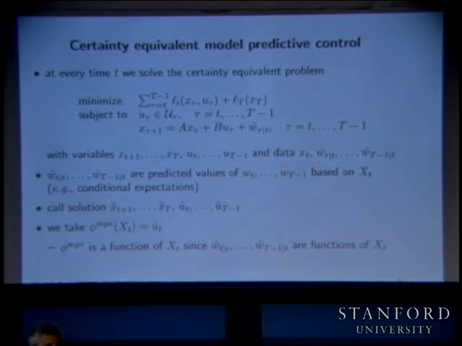By the way, these absolutely do not have to be conditional expectations. They can be, but that's no better or worse, because in fact the optimal thing to do is not to use conditional expectations here. If you can calculate the conditional expectation, great.